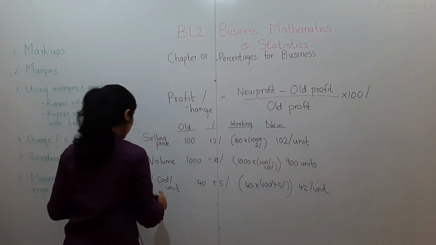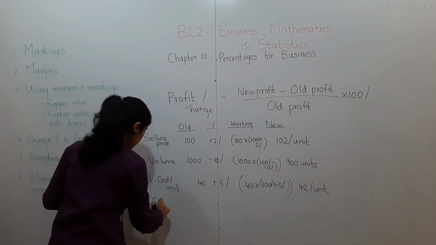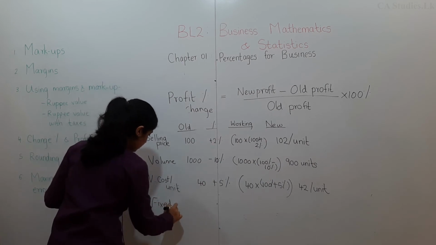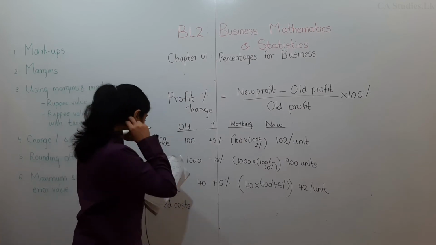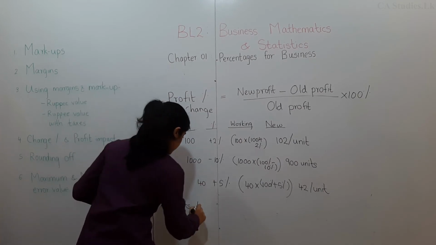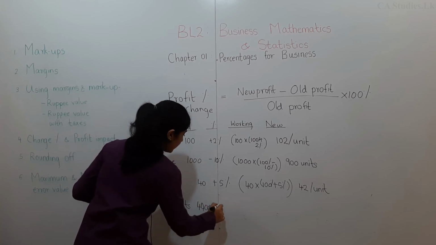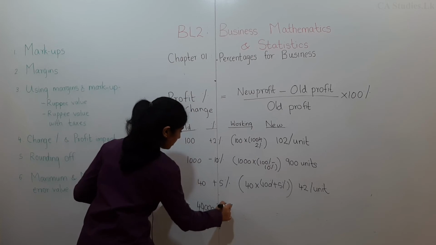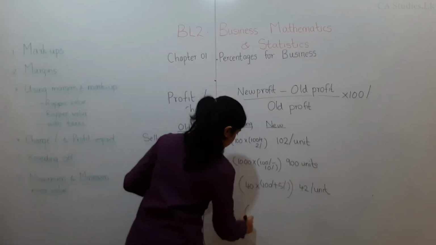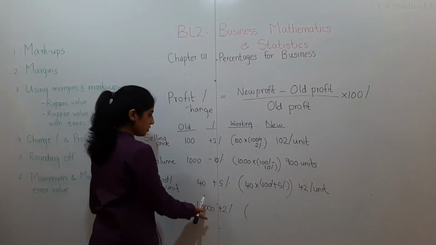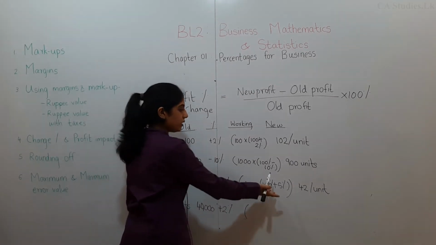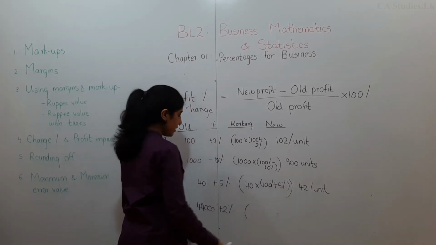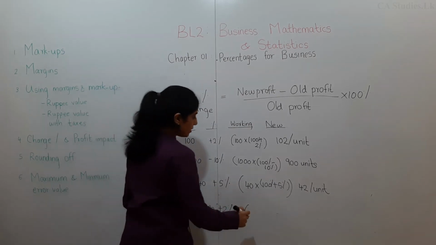Then fixed cost. Fixed cost was fixed, no? But then the fixed one changed again. So 40,000 was the original. That increased by 2%. Then again 40,000 is what was changed. Therefore, I can apply directly multiply by 102%. Right?